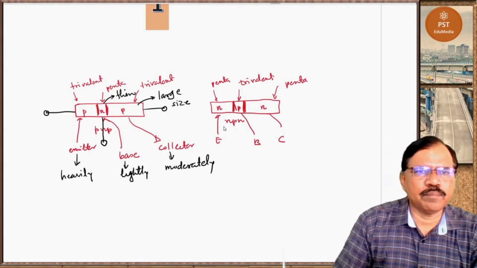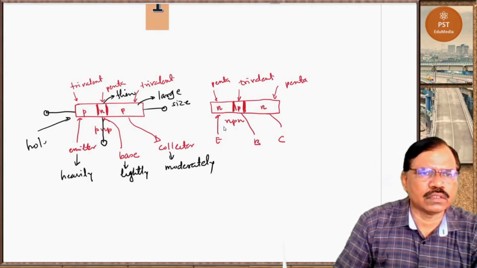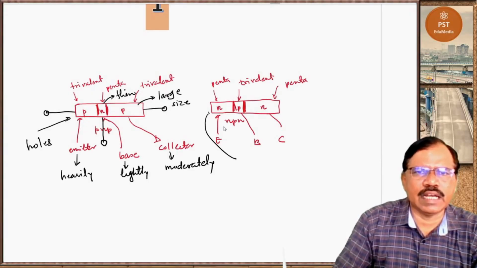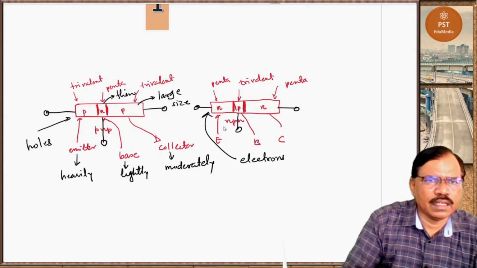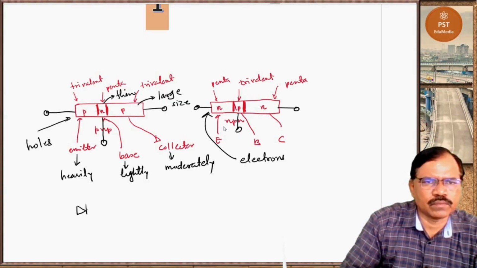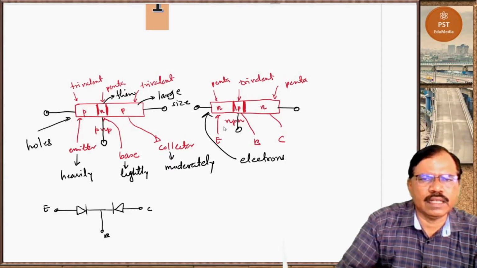Now if we take PNP transistors, majority charge carriers are holes, and here majority charge carriers are electrons. Here also three terminals are taken out. So if we see PNP transistors, we will get two junctions, and the equivalent circuit is like this. This is emitter, base, collector.